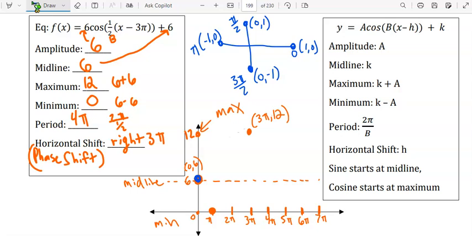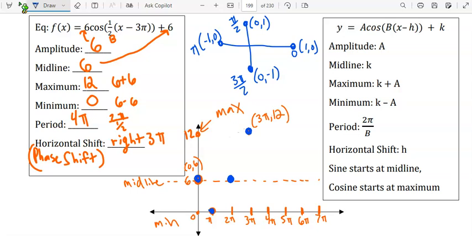And then if we put in pi, we have negative 2 pi over 2, which is just negative pi. That's going to be negative 1, and then negative 1 plus 6 is 0. And then if we had 2 pi, that would be a negative pi right here over 2. That'd be 0. 0 plus 6 is 6. And then we have our maximum point, 3 pi, 12.